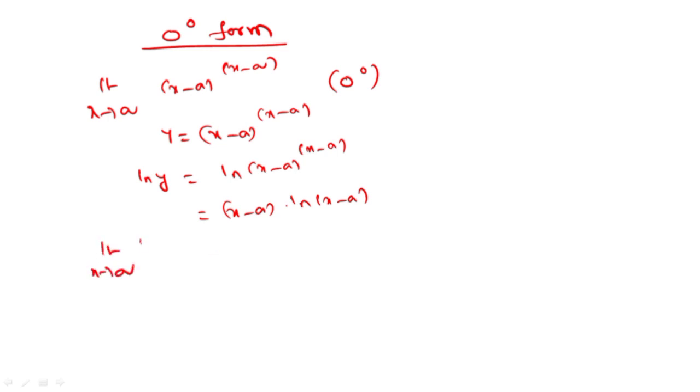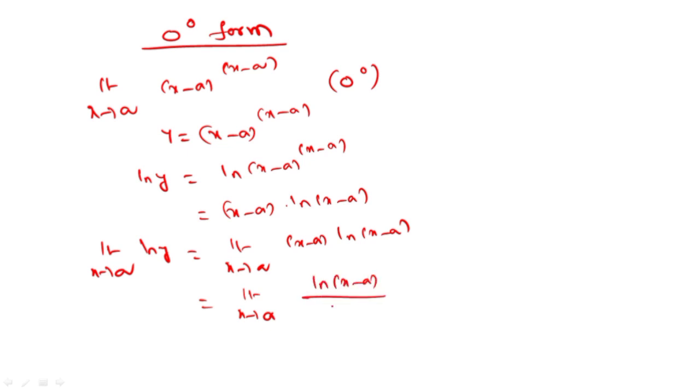Now take limit x tends to a of ln y, limit x tends to a of (x minus a) into ln of (x minus a). Now I should rewrite this as ln of (x minus a) by 1 by (x minus a). So this is again in the form of infinity by infinity. So I go by L'Hopital rule.